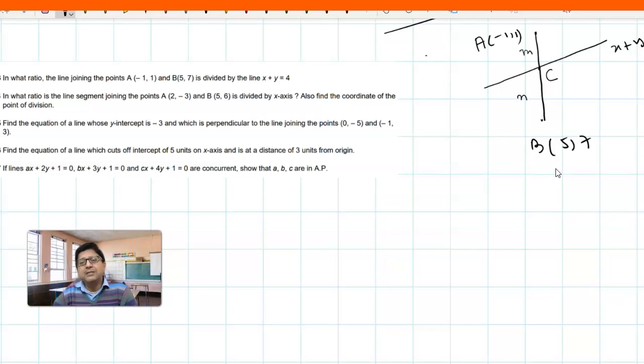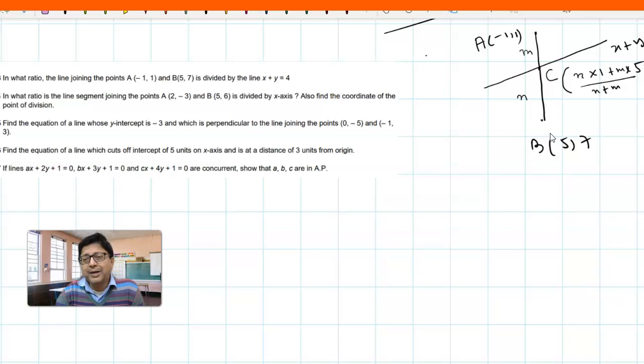We can use a little bit of the sense of the section formula. So that point C is going to be what? By assuming this ratio to be M is to N, C is going to be equal to (N into 1 plus M into 5) by (N plus M), and next one, (N into 1 plus M into 7) by (M plus N).